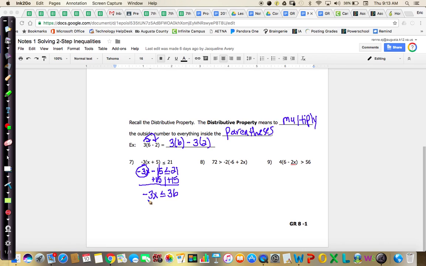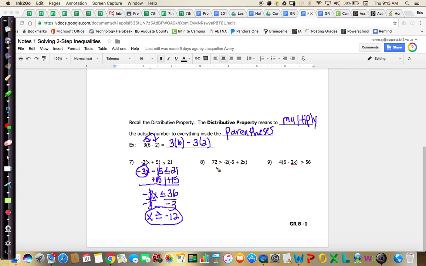The opposite of multiplication is division, so we're going to divide both sides by -3. -3 divided by -3 is a 1 in disguise. So x. Now I divided both sides by a negative, so I've got to remember to flip the symbol. And 36 divided by -3 is -12. So x is greater than or equal to -12.